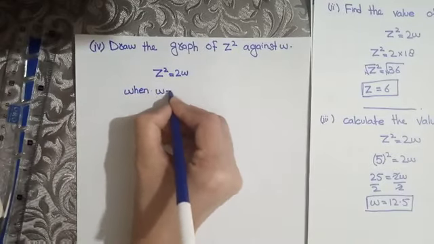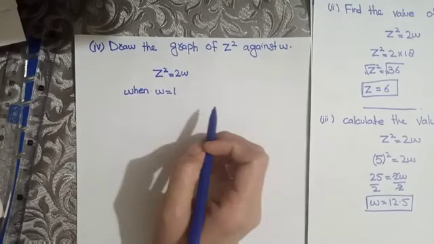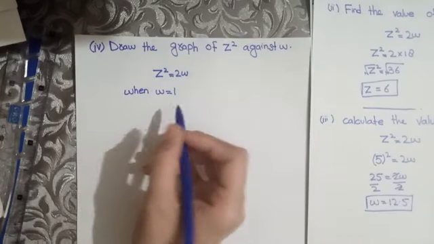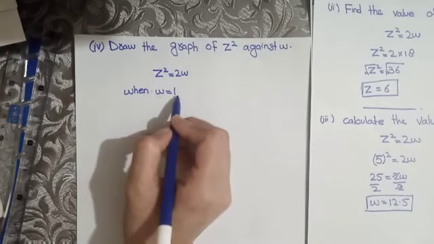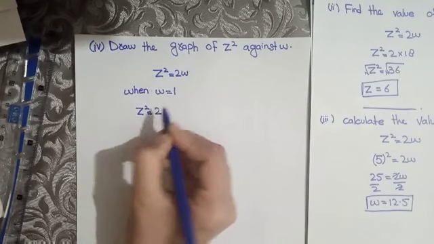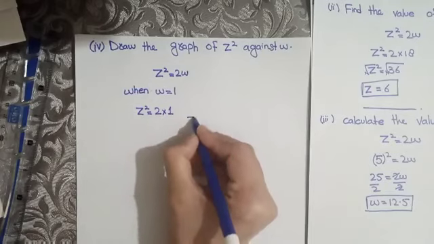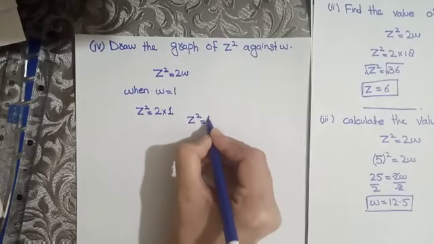I will put in three values of w. When w is equal to 1, z square is equal to 2 times 1. So z square is equal to 2.